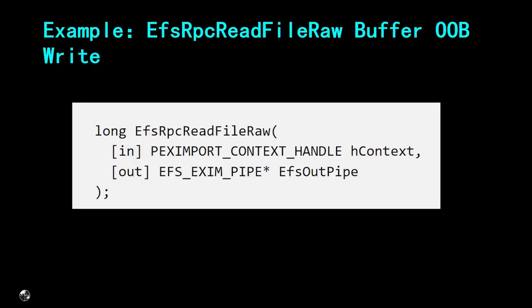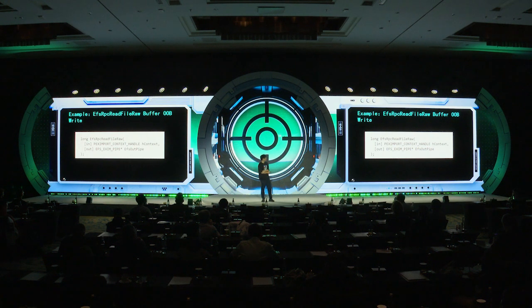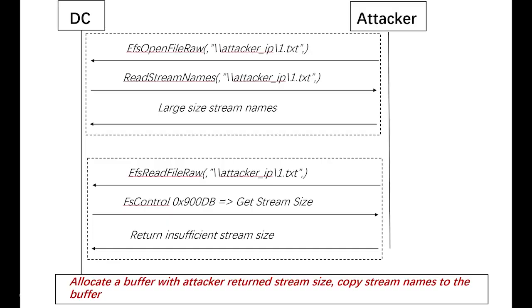We tried to find something from a different angle than PetitPotam, so we mainly focused on memory corruption bugs and found some such bugs. This is one of them. In this bug, the attacker sends an open file request followed by a read file request to the remote EFS server.